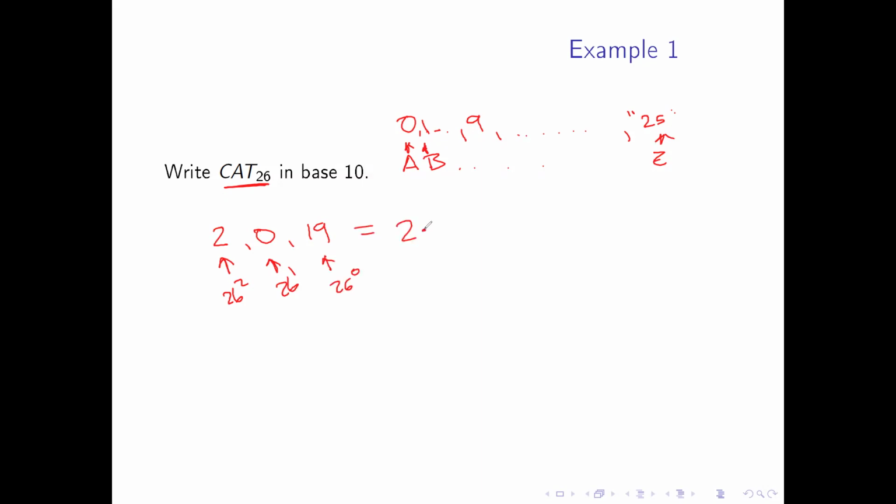So this is 2 times 26 squared plus 0 times 26 to the first power. I know that's absolutely going to be 0, but I'm writing it down just to help illustrate the idea, plus 19 times 26 to the 0 power, but this is just 1. So if I multiply all this out, and I'm not going to go through all the simple little steps, this is going to be 1371.